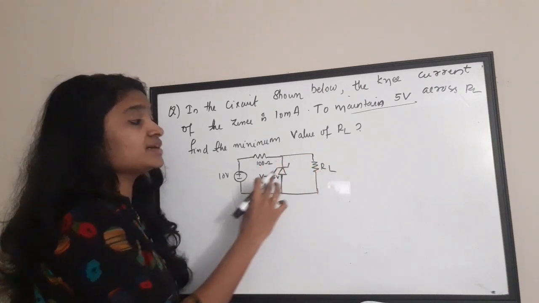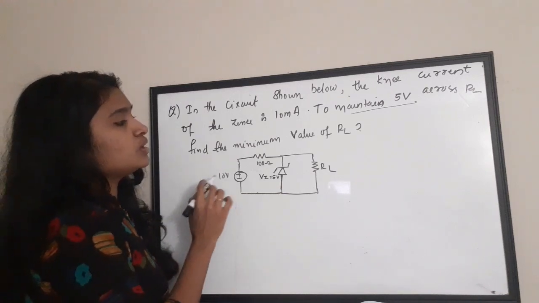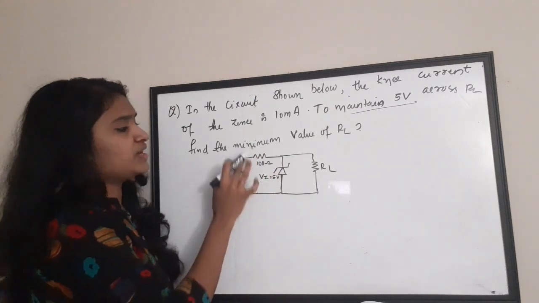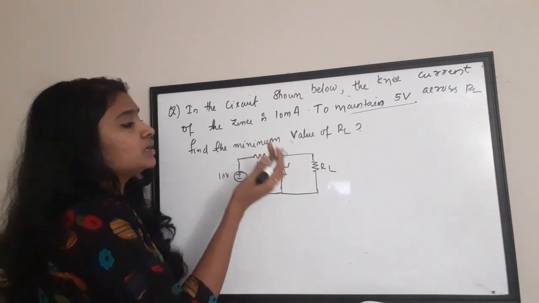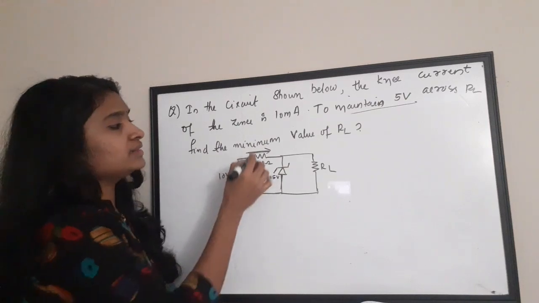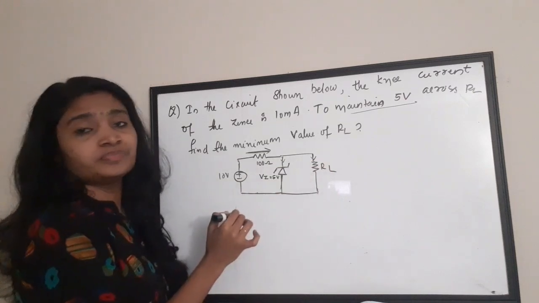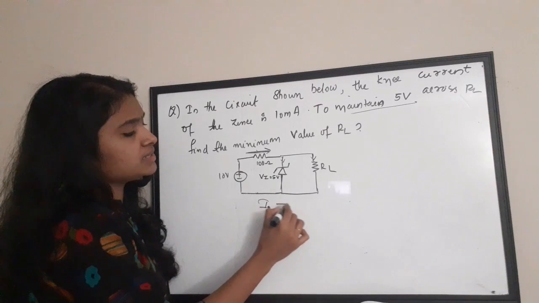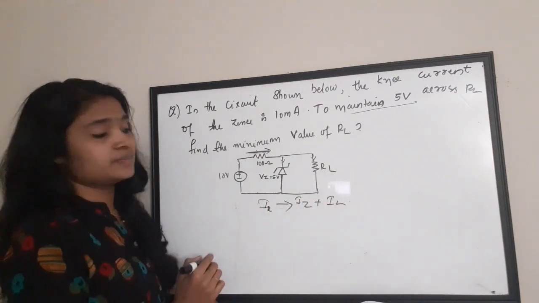Another thing to note is that since there is a resistor connected here, there will be some voltage drop across this 100 ohm resistor, and some current flowing through it, which is split across the Zener and the load. So if this current is IR, the IR is split as IZ plus IL, right?